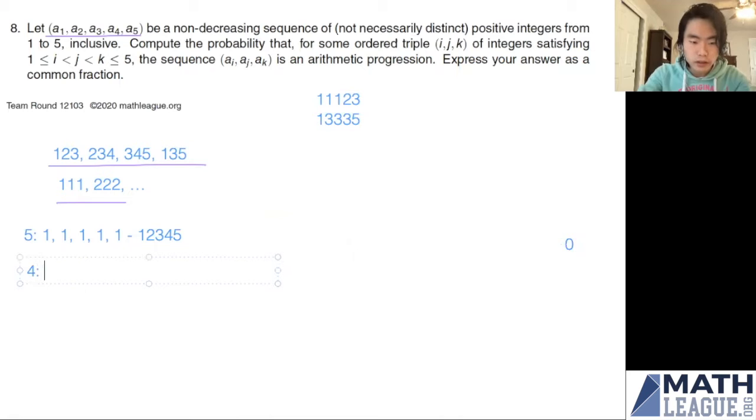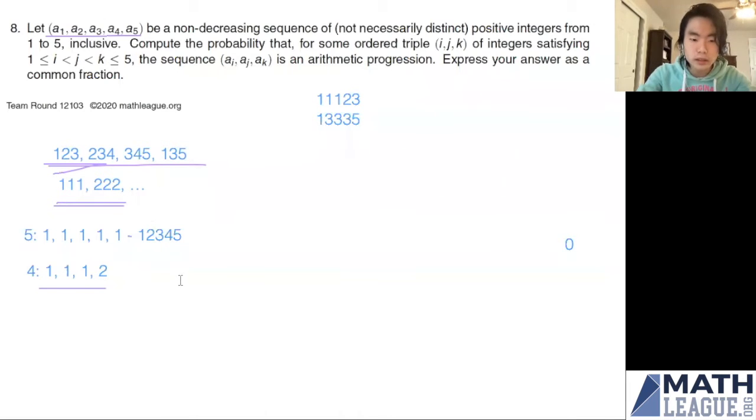For the 4 case, our distribution has to be 1, 1, 1, 2. And note that we're looking for either an increasing arithmetic progression or just a triplet. Given the possible distributions, a triplet is guaranteed not to happen. So we only need to consider the increasing arithmetic progression.